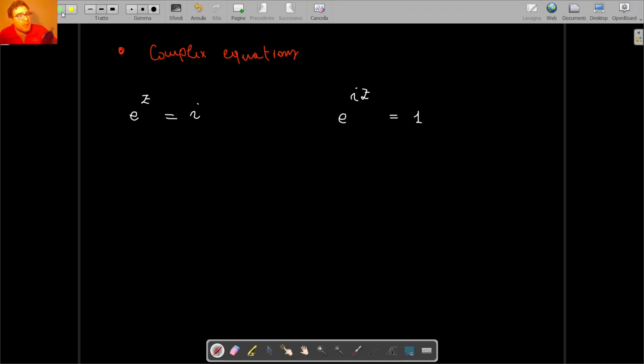But before we actually start with the resolution of the equations, I would like to note this kind of symmetry: here we can imagine z is multiplied by 1, here it is multiplied by e, while the right hand side of the equation is i here, while here it is 1. So we can think like we exchange the place of these two objects to obtain two different equations.